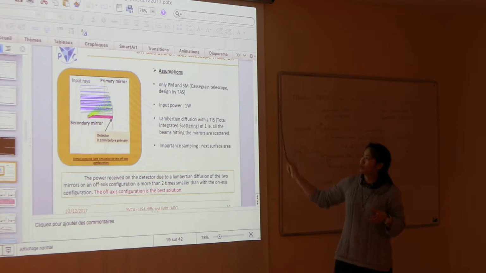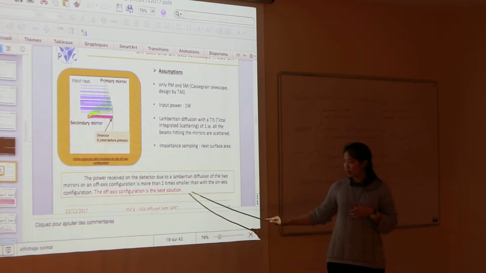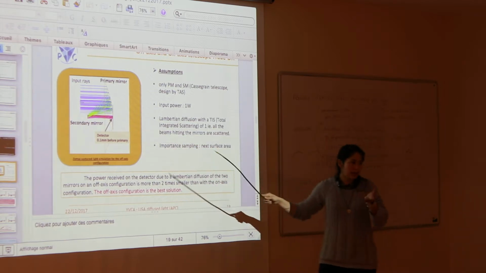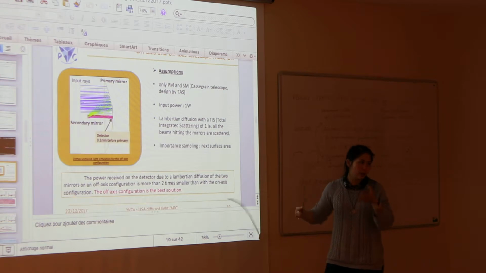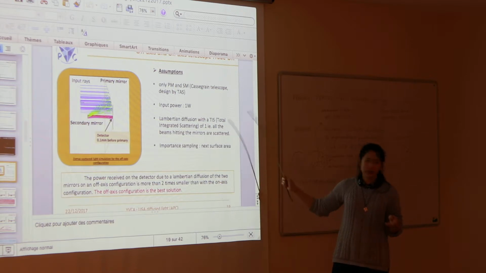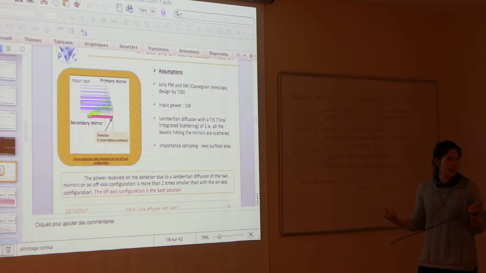We did two simulations, and in the end we concluded that the off-axis configuration is the best solution. We look at the detector position and the intensity of scattered light, because the software gives us that, and we conclude that the off-axis configuration enables us to have less stray light.